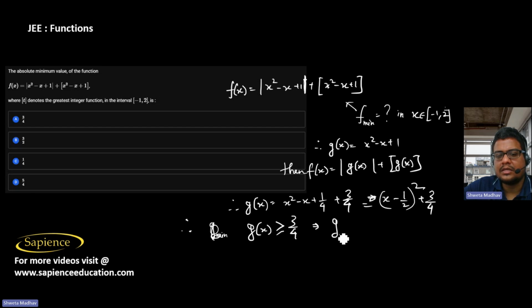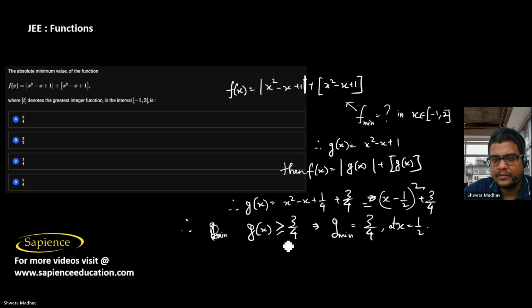Therefore the minimum value of g is 3 by 4, which will come at x equal to half, and half is within the given set, it belongs to the set -1 to 2. So half we can take.